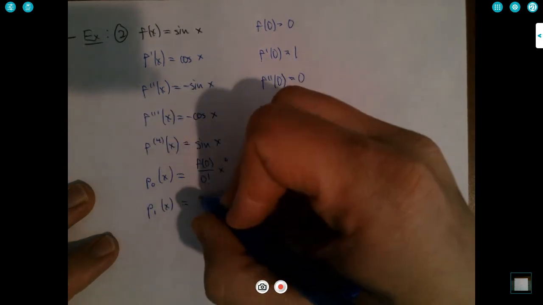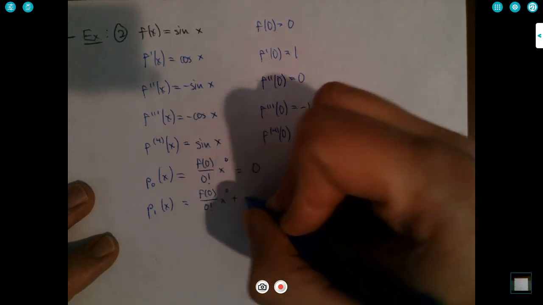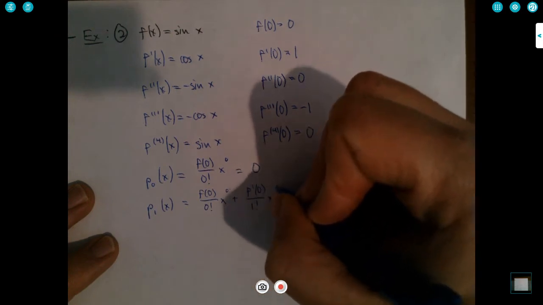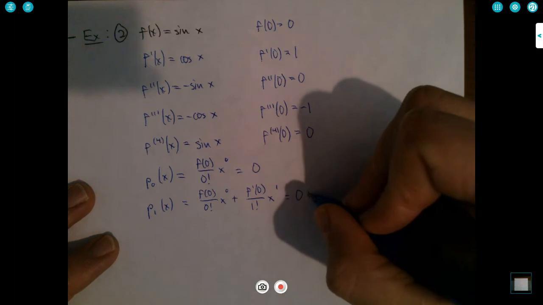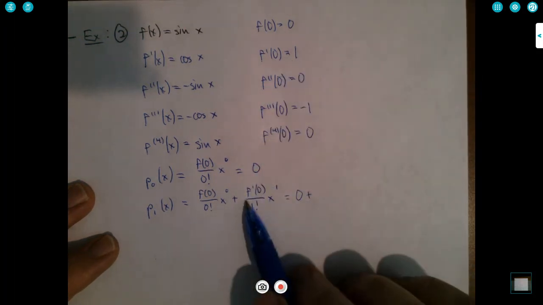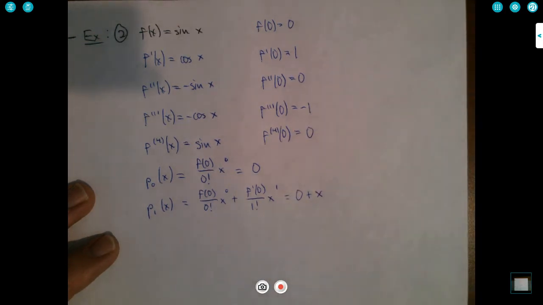P1 is going to be f of 0 over 0 factorial times x to the 0 plus f prime of 0 over 1 factorial times x to the first. That's going to be 0 plus, f prime of 0 was 1, so 1 over 1 is 1. This is just 0 plus x, so it's just x.